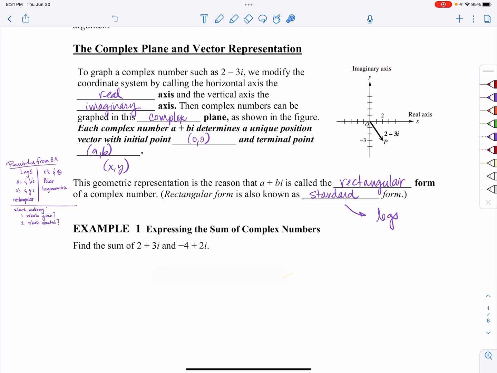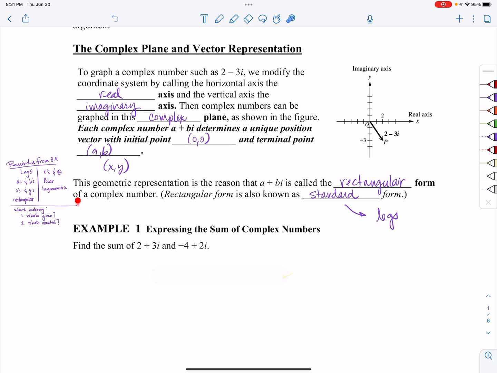Notice in my picture, we went to the right 2 because that's the real part, and we went down 3 because that's the imaginary part. Because this allows us to graph these complex numbers, a plus bi, it's a position vector. It has the initial point at 0, 0, and its terminal point is at the coordinate AB, or we could call it XY.